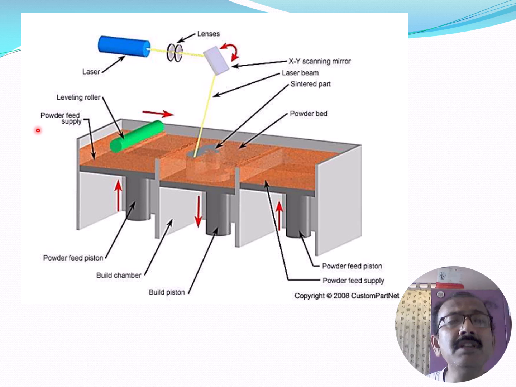This is the powder feed supply, and this is the build piston. The build piston gradually comes down, and the powder feed piston gradually moves up. In this way the entire product will be produced.